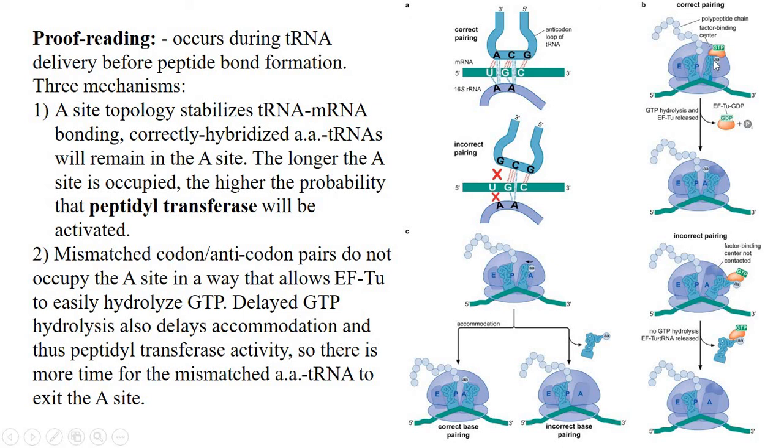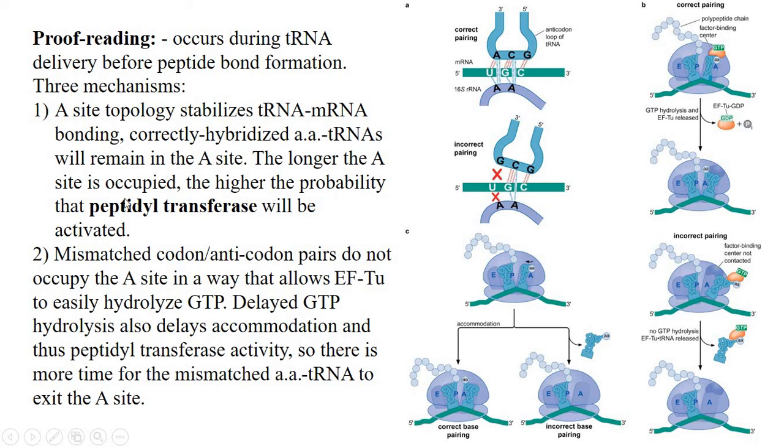In this one, it takes this position very well. Here, this is not correctly in the A site. What happens in that case is that this GTP will not hydrolyze. Instead, this whole tRNA will be removed. So with no GTP hydrolysis, EF2 and tRNA will be released. This will dissociate, and the correct tRNA that has complementarity to this codon will come and bind.